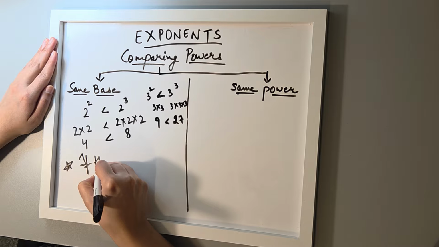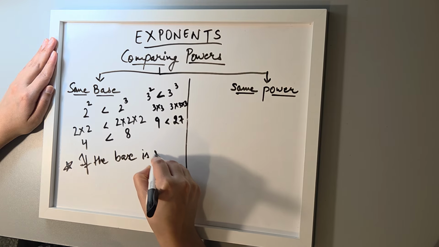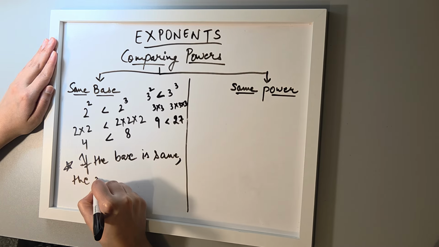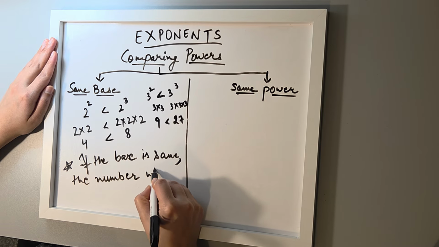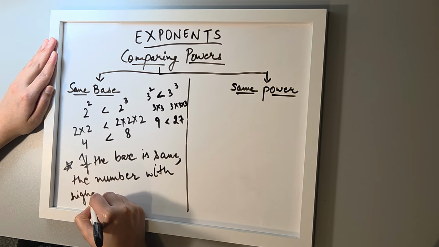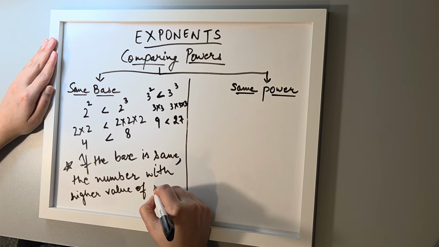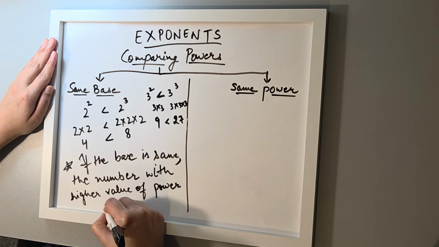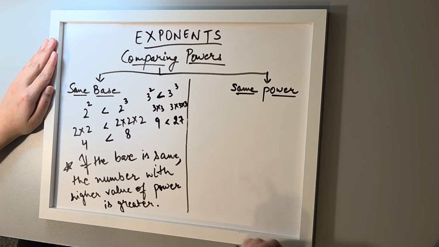if the base is the same, the number with the higher value of power or exponent is greater in value.